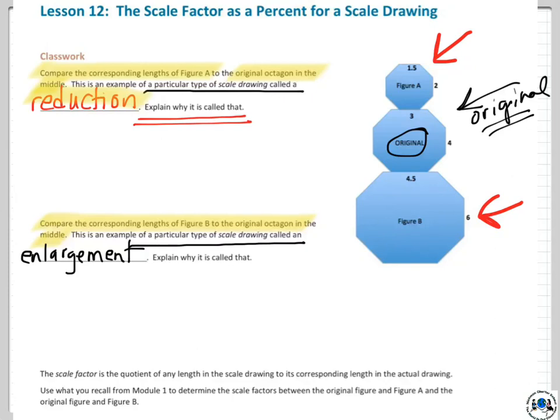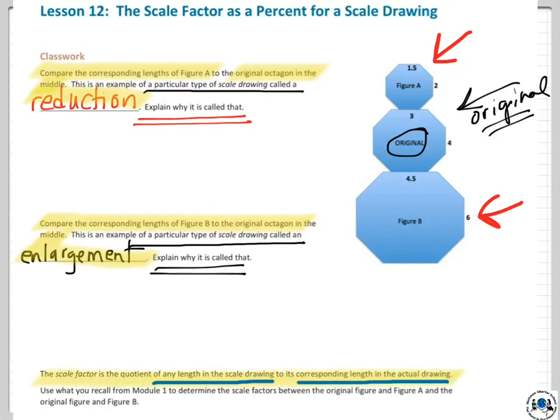An enlargement is probably a term that we're more familiar with than reduction. We often make enlargements of the photos we take, maybe. And why? Because it has been enlarged. It's bigger. That's why it is called an enlargement.